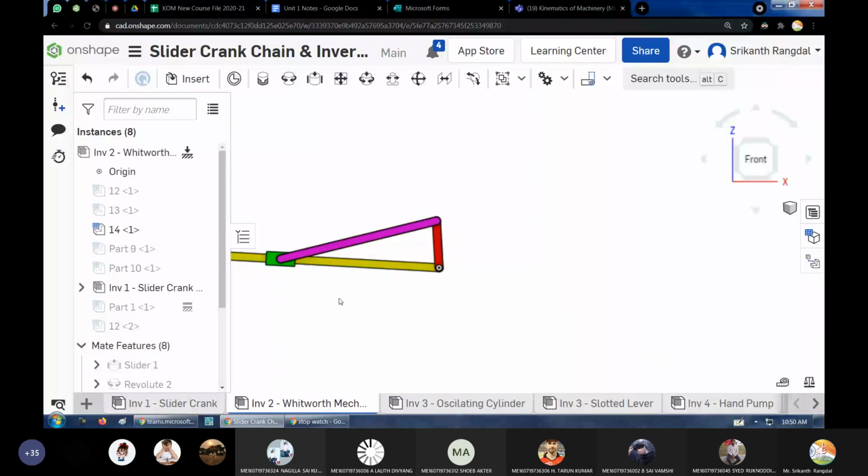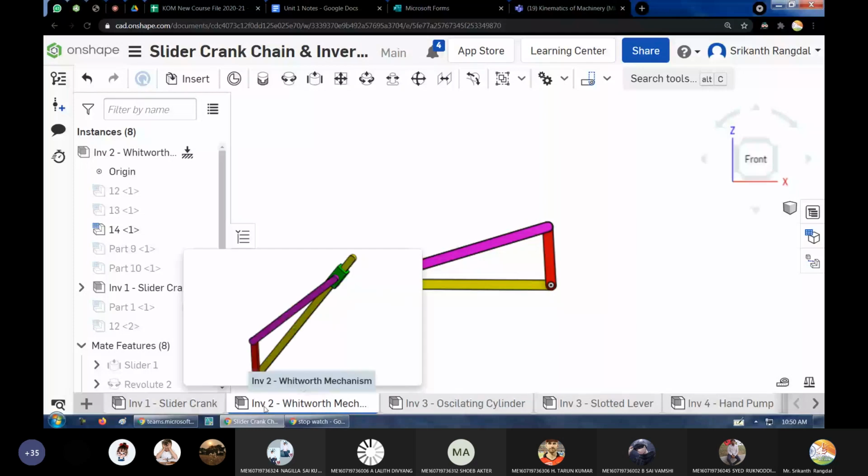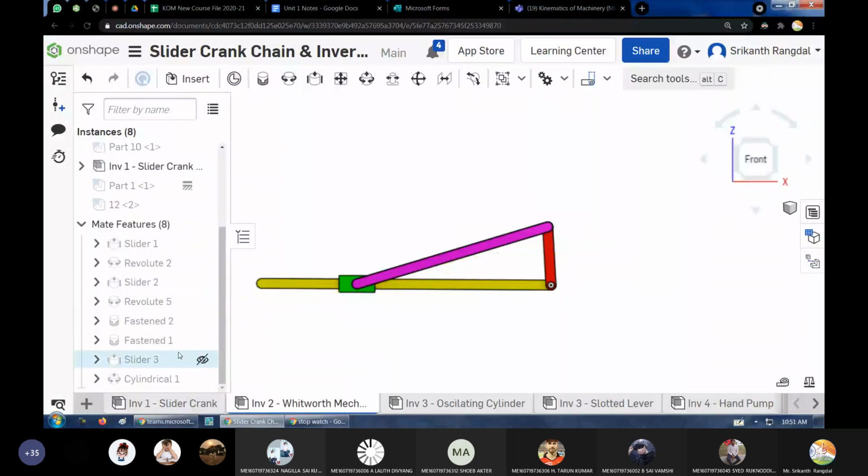Now, which one will be the input and which one is the output? Can anyone tell me which one is input, which one is output? So can you play it again, sir? Okay, you want me to play this?